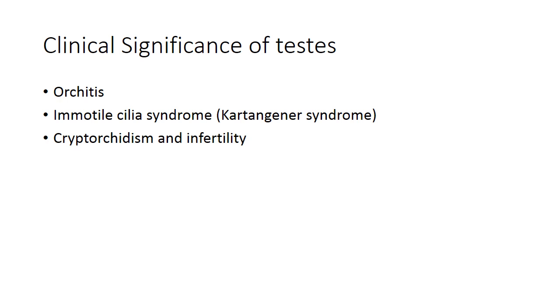Hence, in such cases, infertility like azoospermia with normal secondary sexual characters due to testosterone is seen. It means in cryptorchidism or undescended testis, there will be azoospermia leading to infertility, but normal secondary sexual characters are seen due to the secretion of testosterone by Leydig cells.